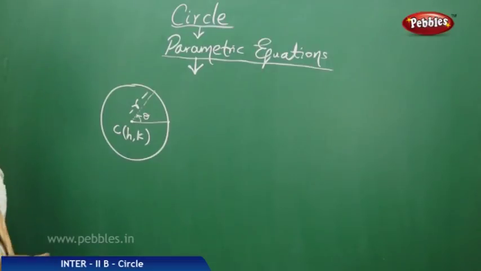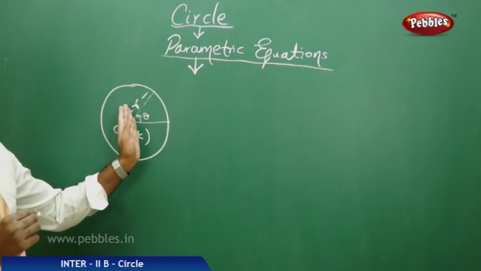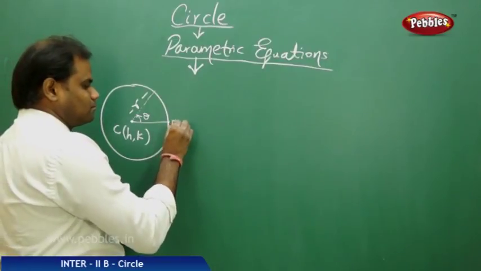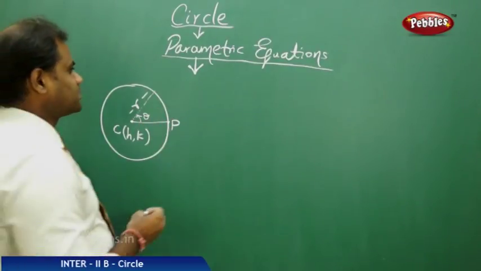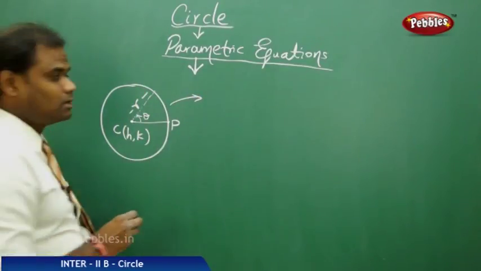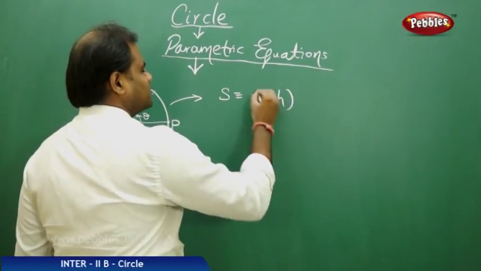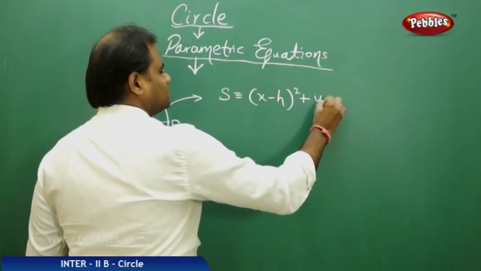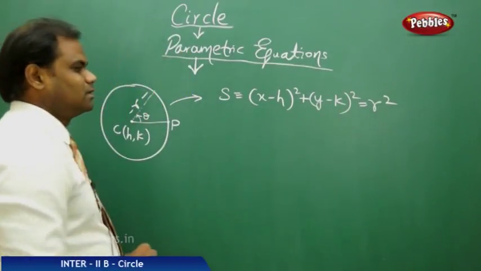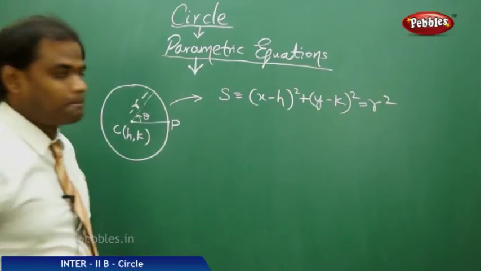The angle is theta, made in the anti-clockwise direction of the radius from a suitable point P. In this case we know that since the center is (h, k) and the radius is r, we have the equation of the circle given by (x minus h) whole squared plus (y minus k) whole squared equals r squared, which is the equation of the circle with center (h, k) and radius r.